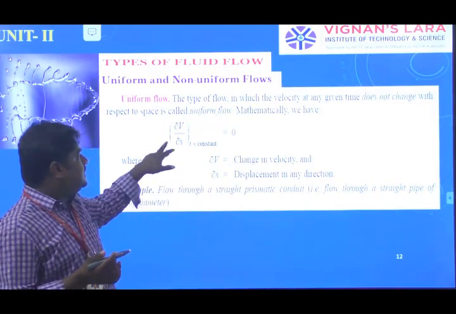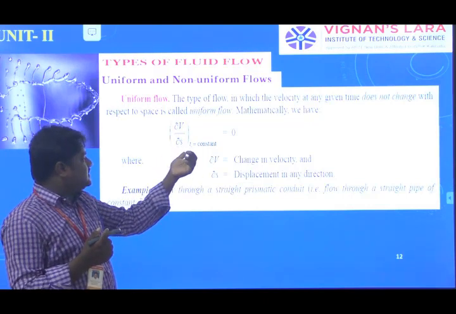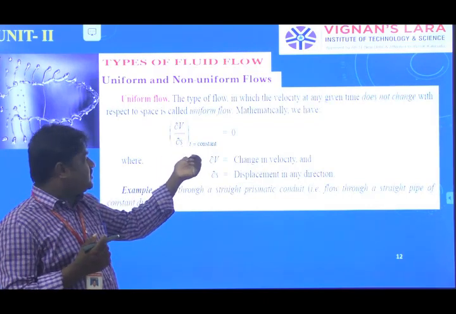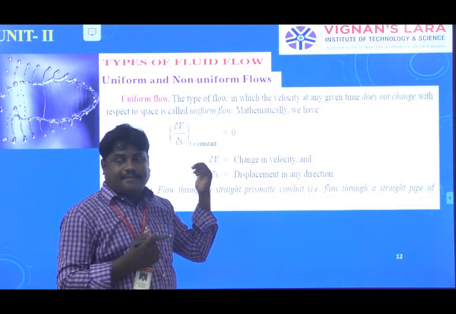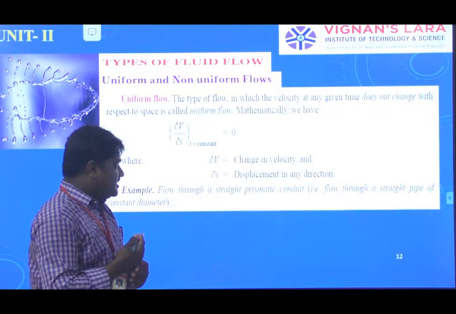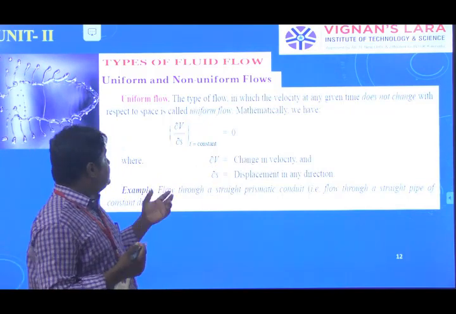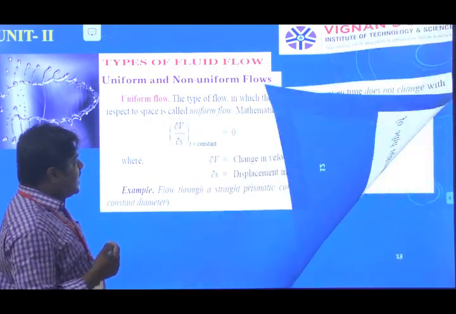Then we can say that is the uniform flow. That's why I have written dou v by dou s, with t constant, equal to 0. Here dou v means change in velocity and ds means displacement in any direction. So this is called uniform flow.